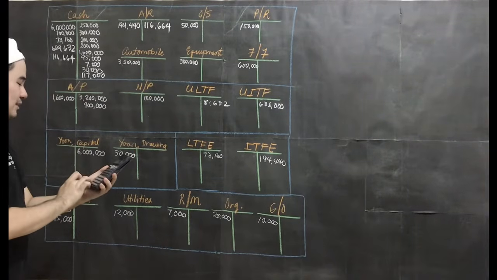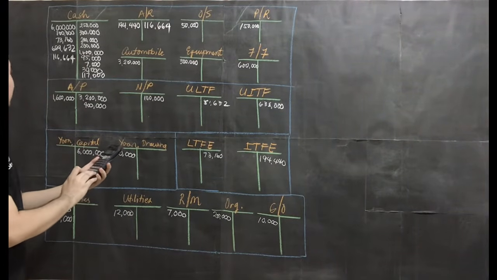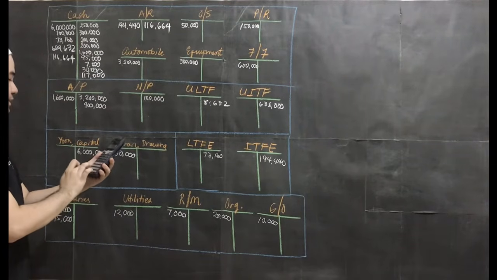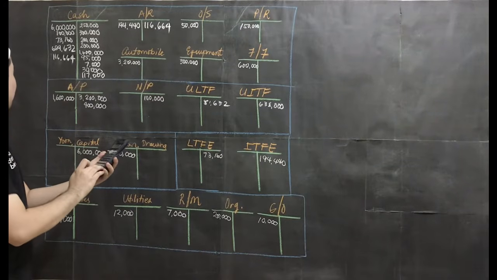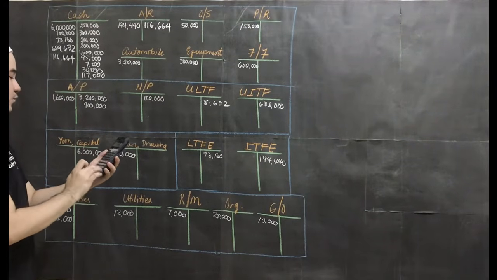Okay? So, 6 million plus 100,000 plus 73,160 plus 689,632 plus 116,664.